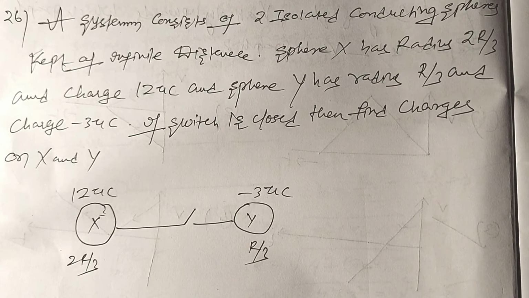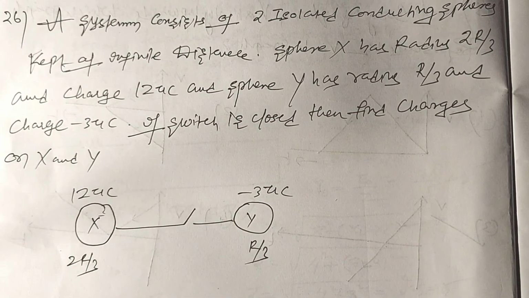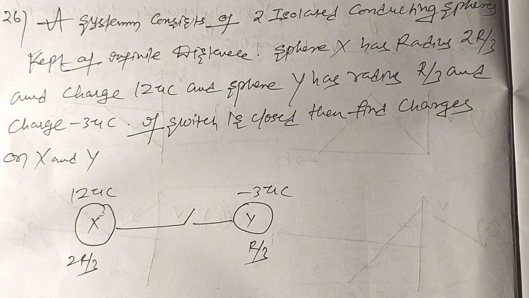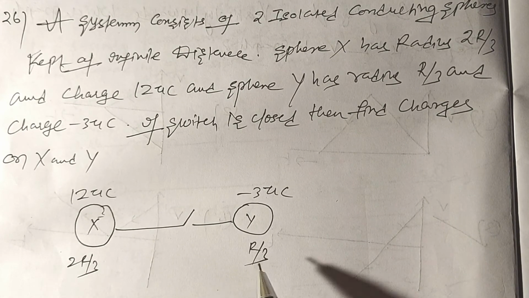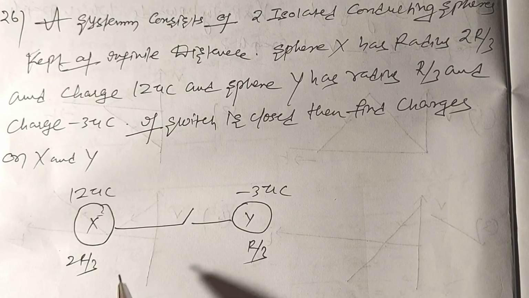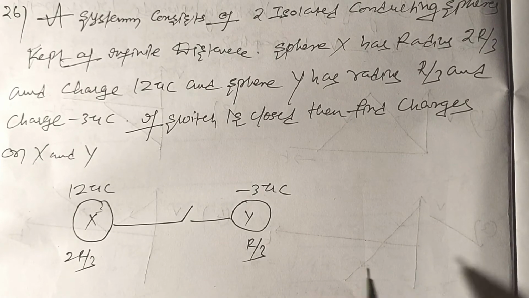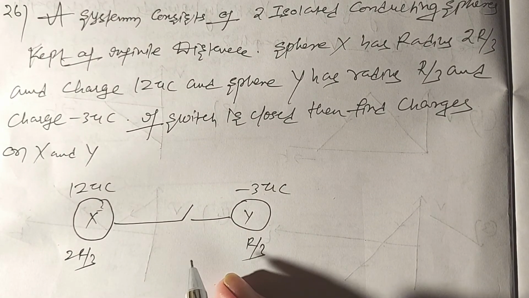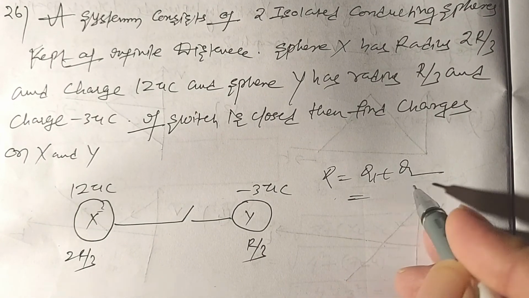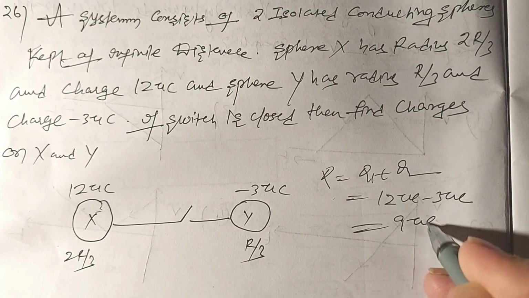Whenever the switch is closed, what happens here? When the switch is closed, the charge is redistributed until their potentials are equal. Now total charge is equal to Q1 plus Q2. That is equal to 12 microcoulomb minus 3 microcoulomb, that is equal to 9 microcoulombs.